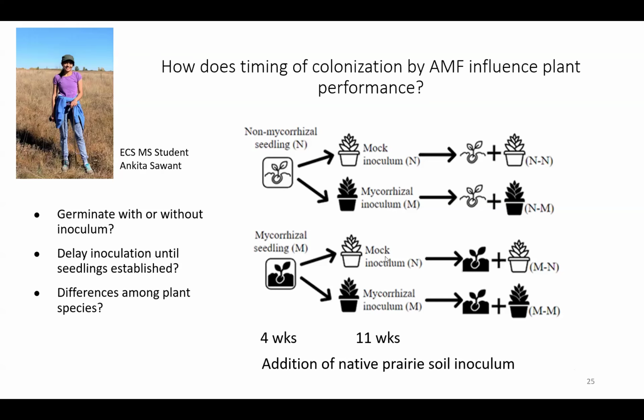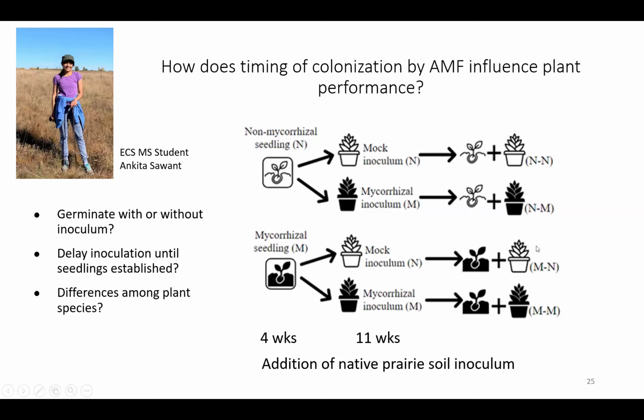And so what she did, and I'll just walk you through this, is she germinated seeds in soil without AM fungi and then soil with AM fungi. And so she had these two groups of seeds that had then germinated and grown into seedlings. And then those seedlings were either transplanted at 11 weeks into pots that did not contain any living inoculum, they just had autoclaved soil, or pots in which there was living inoculum.